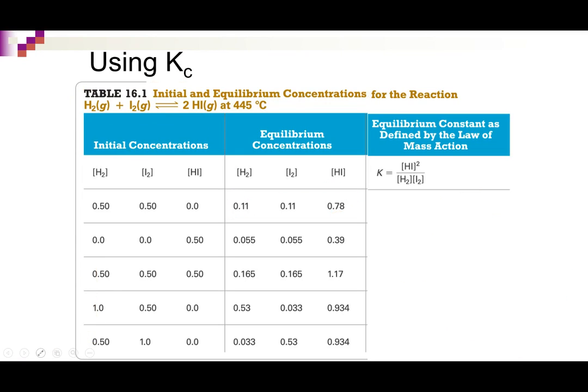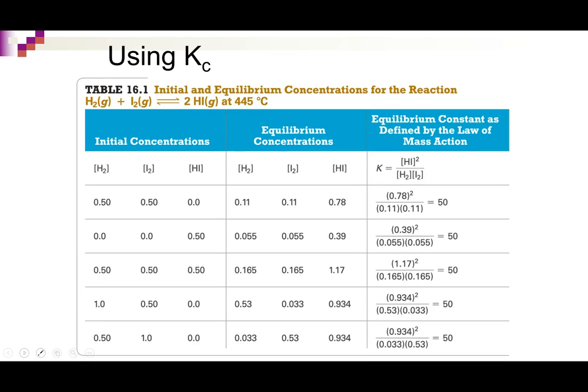So let's take a look at the data here. And that's exactly what we see. They've crunched the numbers for each of the trials, and the K value came out to 50.8 each and every time. So what this tells us is that the initial concentrations of anything in our reversible reactions doesn't matter.